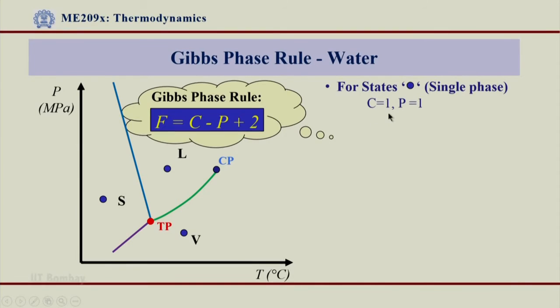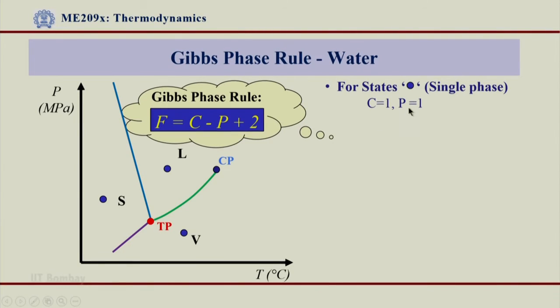As I have already said, in this case C is equal to 1 because there is water everywhere, whether it is the solid region, liquid phase or vaporized region in the phase diagram. And because I am dealing with a single phase region, 100% solid, 100% liquid or 100% vapor, I have P equal to 1 in all these 3 cases.